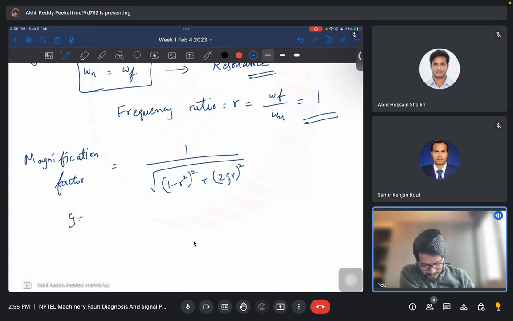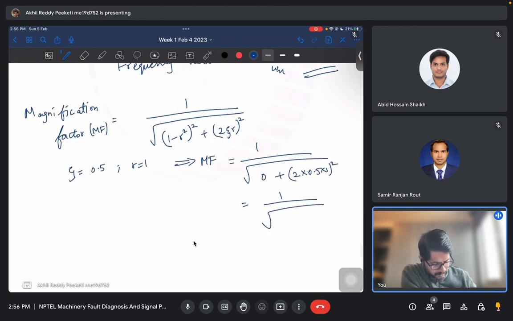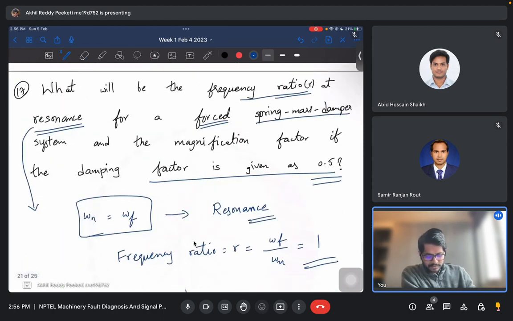So zeta is equal to 0.5 and R equal to 1. R is 1, so this term would be 0 plus 2 into zeta, 0.5, and R is 1. So 2 into 0.5 is 1. So the magnification factor would be just 1. This is how you can calculate the magnification factor if you know the frequency ratio and the damping factor.